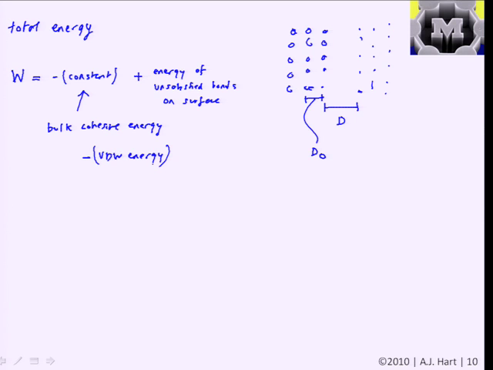So if we neglect the bulk energy, because that's fixed and isn't going to change when we change the separation between the surfaces, we can write that this total energy is just the energy of the unsatisfied bonds and the van der Waals energy. The first is A over 12 pi times 1 over our special length scale d naught.